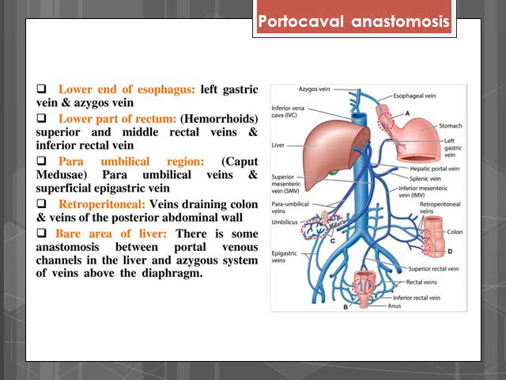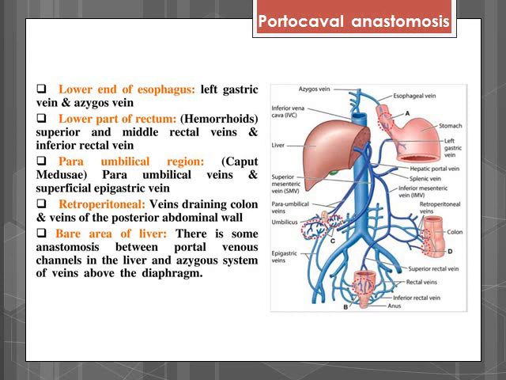The portosystemic or portocaval anastomosis is a collateral communication between the portal and systemic venous system. Blood flow in healthy individuals is as follows.